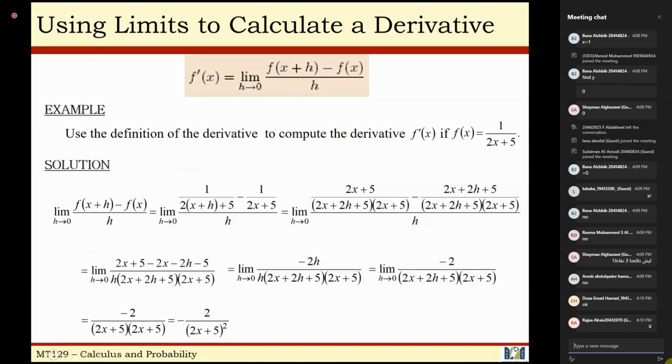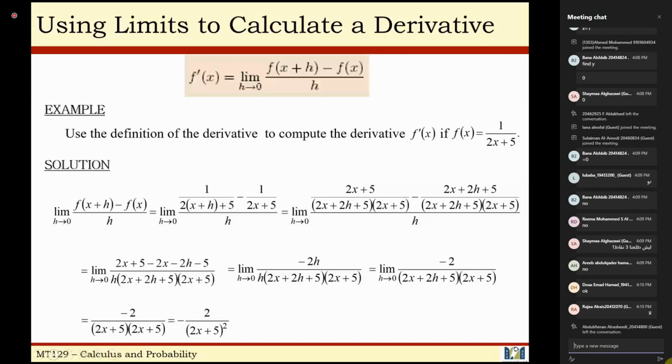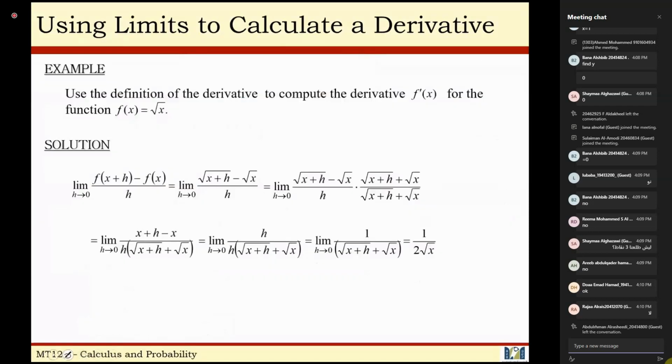You have a question in the TMA, I think question number 4: use the definition of a derivative to find f prime. This is the definition of a derivative using the limit.